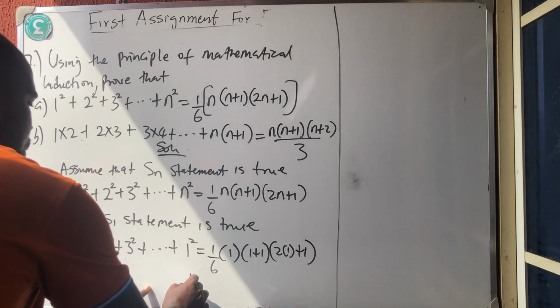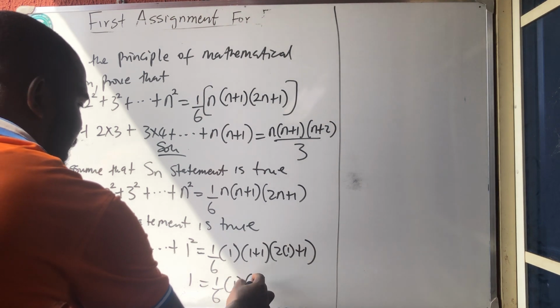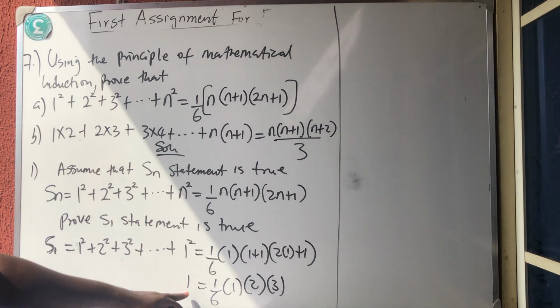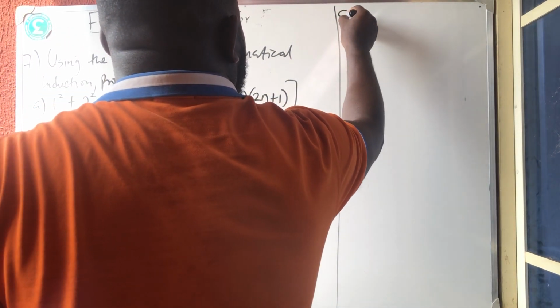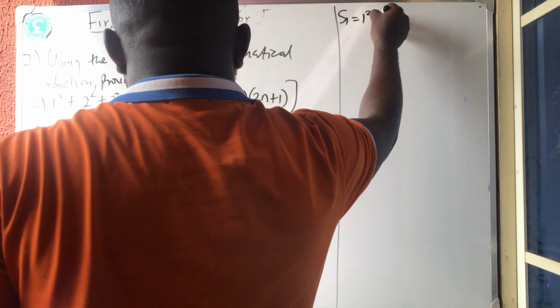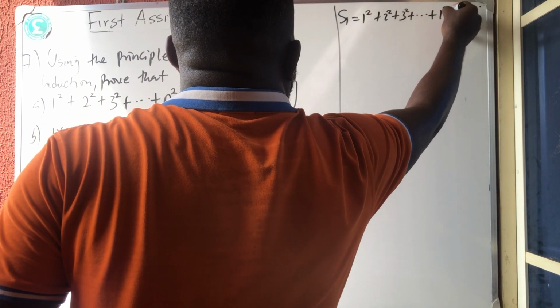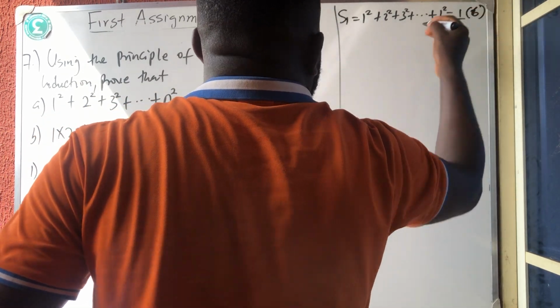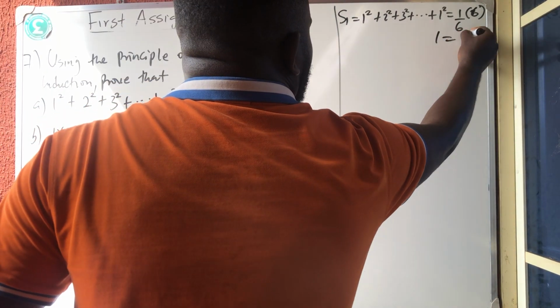So I'm having that 1 is equal to 1 over 6 bracket 1 bracket 2 bracket 3. If you multiply this 1 times this times this, so 6. I'm having that 1 is equal to 1.